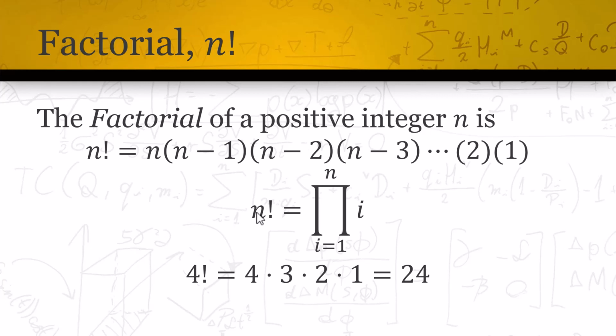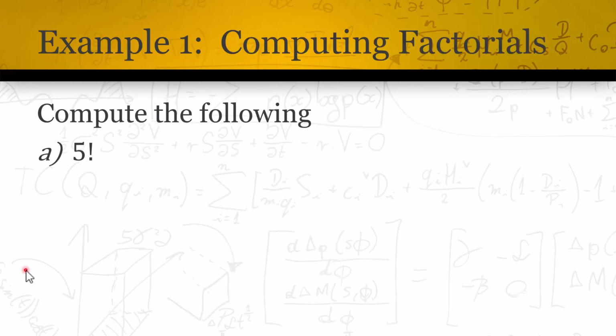Okay, so let's go ahead and do a couple of computations. Here is our first one, 5 factorial. That will be 5 times 4 times 3 times 2 times 1. 5 times 4, well, that's 20.